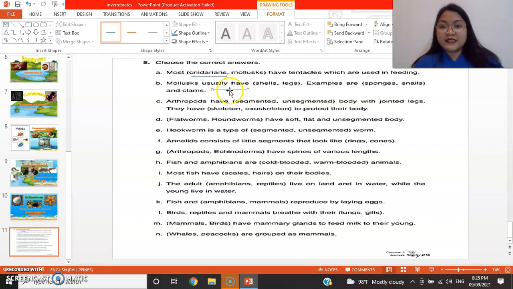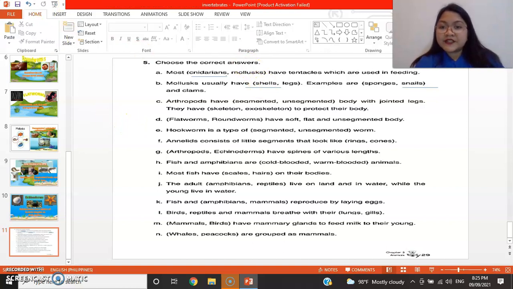Very good. Mollusks have shells. So how about what are the examples of mollusks? Is it sponges or snails? So which of these has shells? Sponges or snails? Very good. Snails have shells.